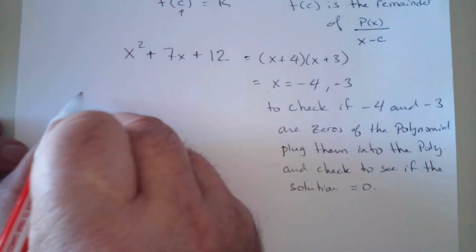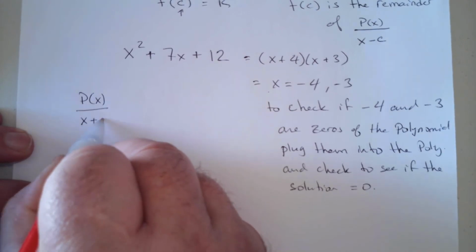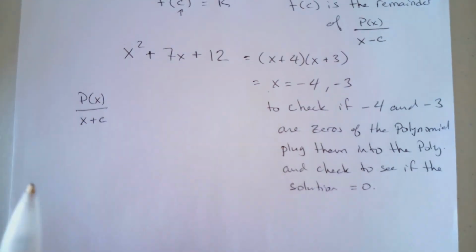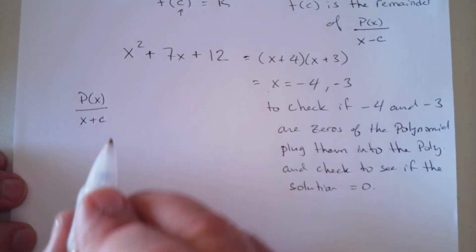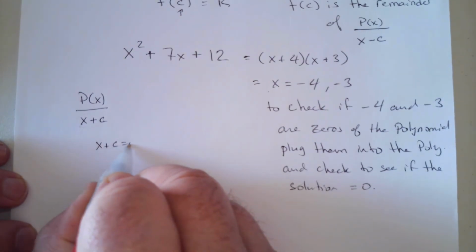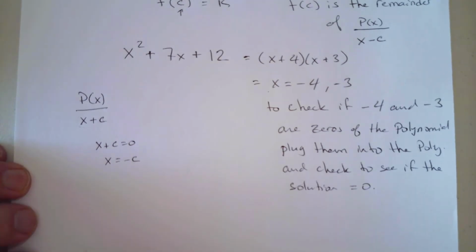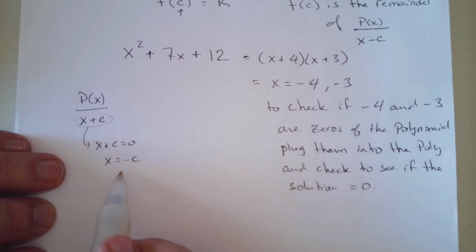And that's what I said earlier. The polynomial, if I had x plus, let's say, c, I can check to see if this equation is a factor. In other words, now I take the bottom, set it equal to 0, solve for x. x equals negative c.